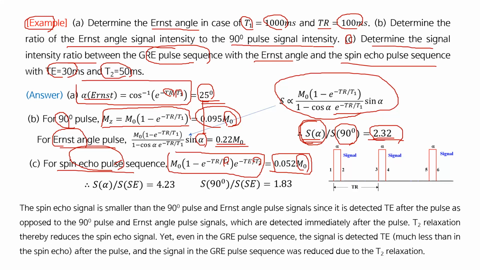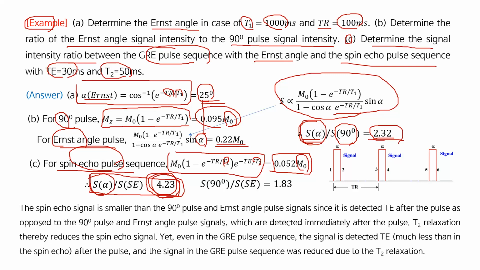For the largest angle pulse sequence, we have the intensity here, so we can get the ratio of the GRE pulse sequence with the largest angle to the spin echo pulse sequence intensity, about 4 times larger for the GRE pulse sequence.